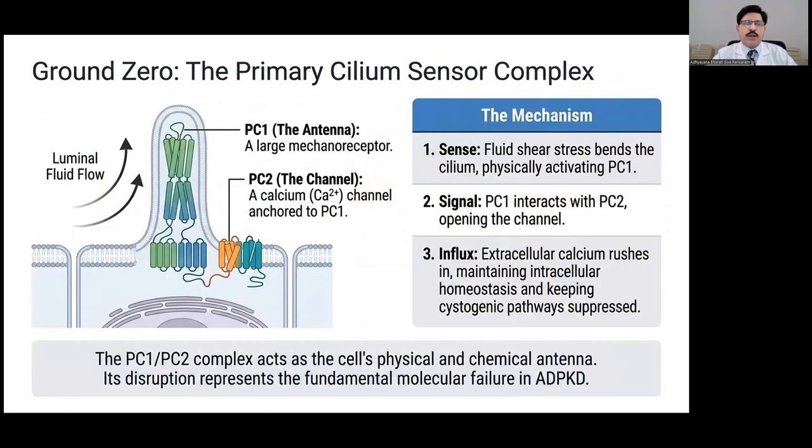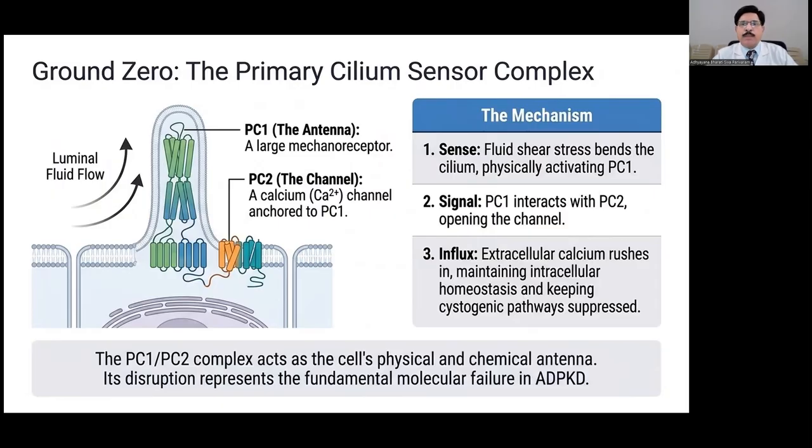What is happening? That is the genetic renal tubular cell. That is the little cilium sensor complex. The cilia are there on the tubular cells. In the cilia sensor complex, there is a PC1 antenna, a large mechanoreceptor, and PC2 is the calcium channel, as you can see, the brown color one. So what will happen? Either there is an abnormality in PC1 or in the PC2 calcium channel.